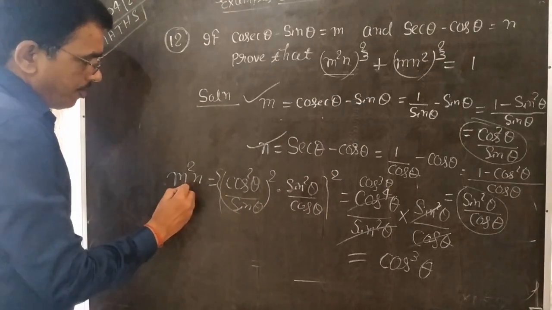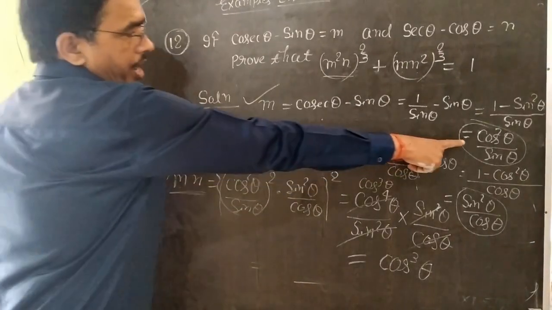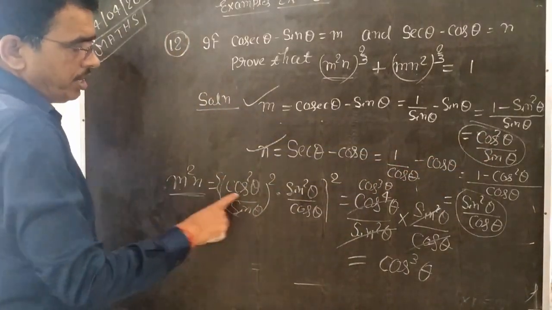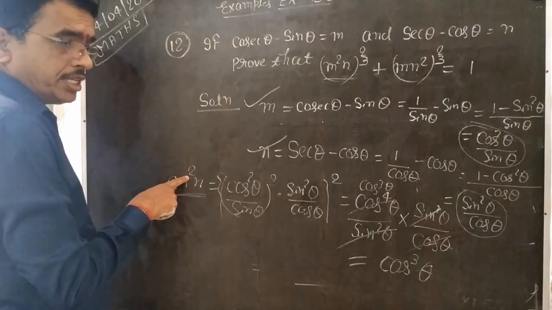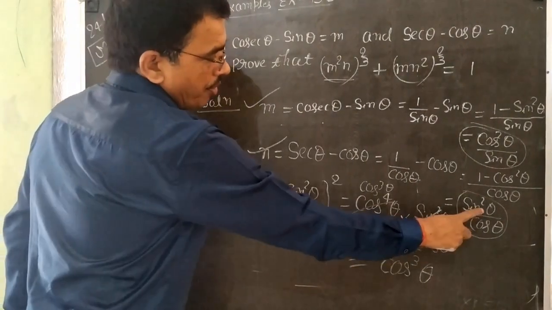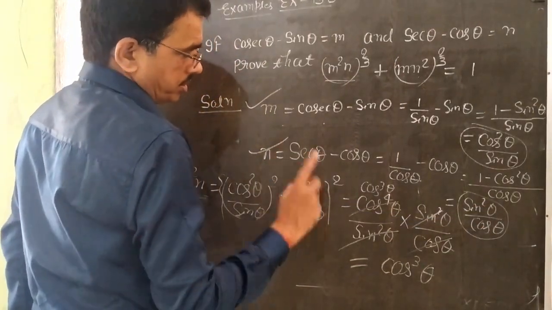First I find m square n. What is the value of m? Here, cos square by sin. I write here cos square by sin to the power square, because here is m square into n. So I only substitute the value of n, which is sin square by cos.